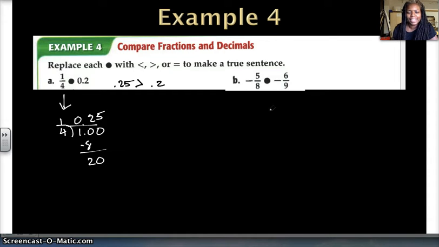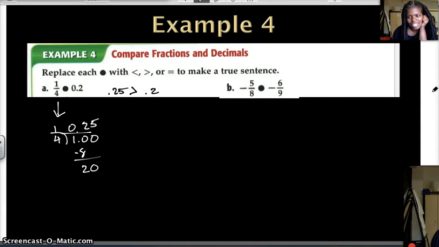This next one over here, a little bit more complicated. We have 2 fractions, so let's go ahead and change these 2 fractions into what we need them to be. So we've got negative 5 over 8, so we know our answer is going to be negative. I'm dividing 8 into 5, and let's do our thing.